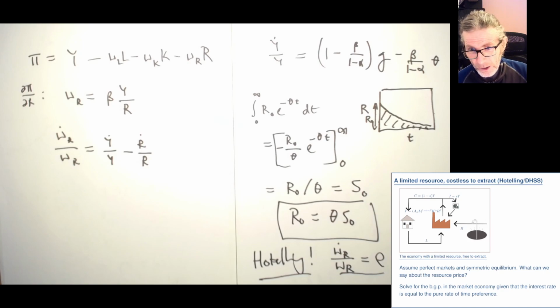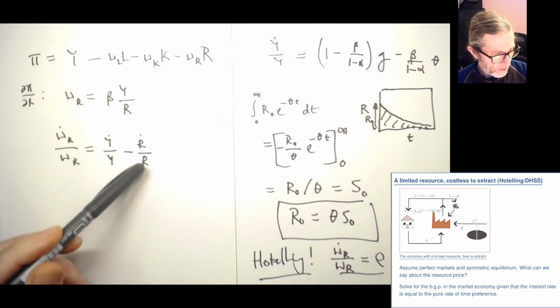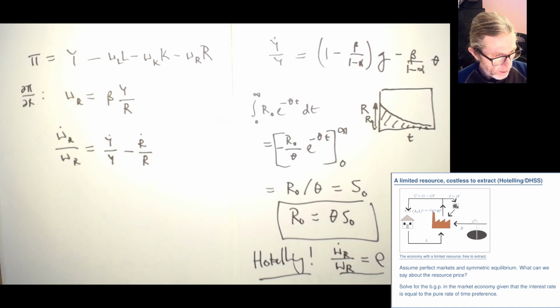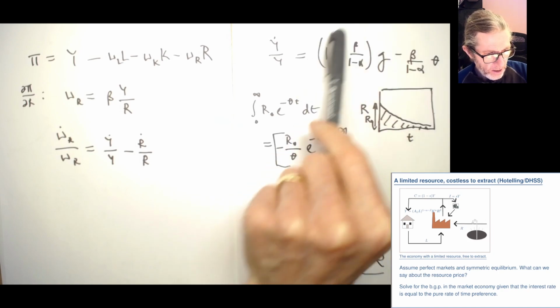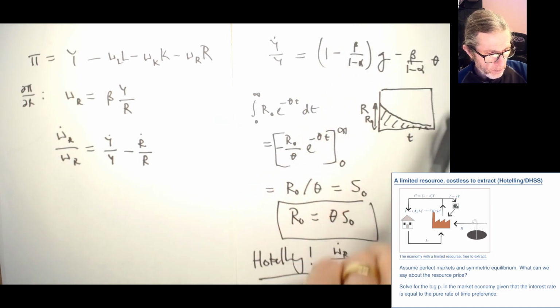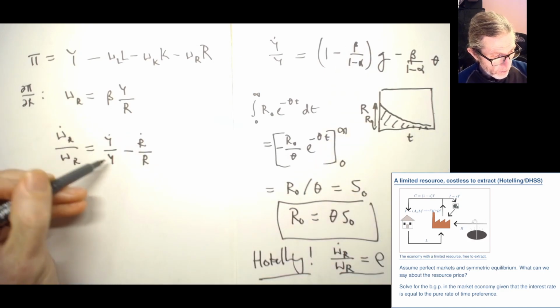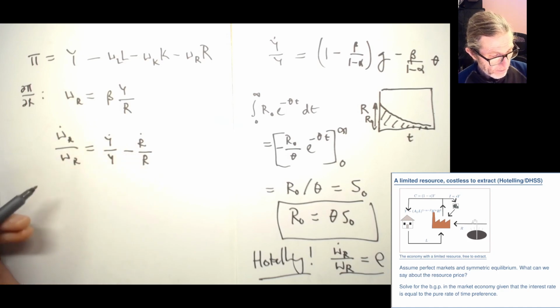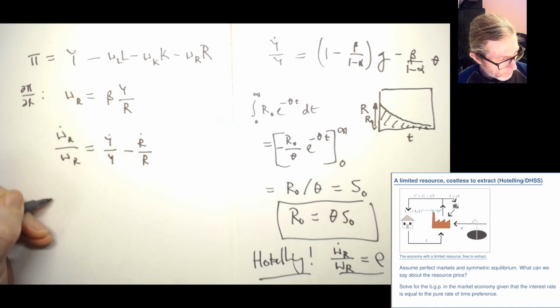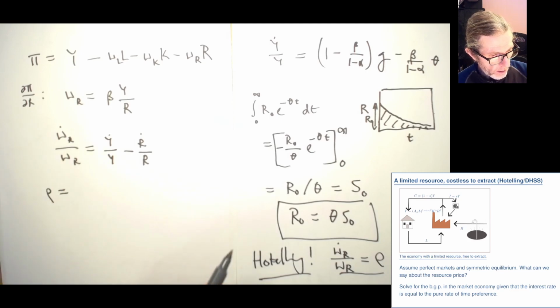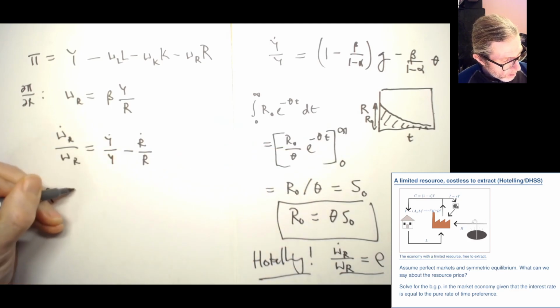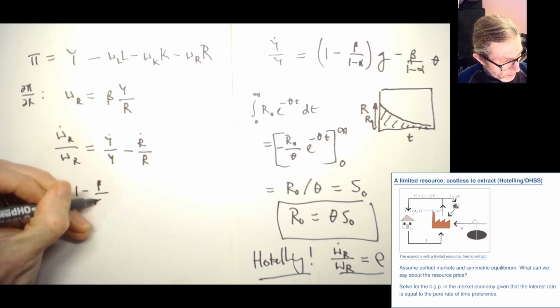It's called theta, but we don't know what level it has. On the other hand, what we do know is Y dot over Y, at least in terms of theta.